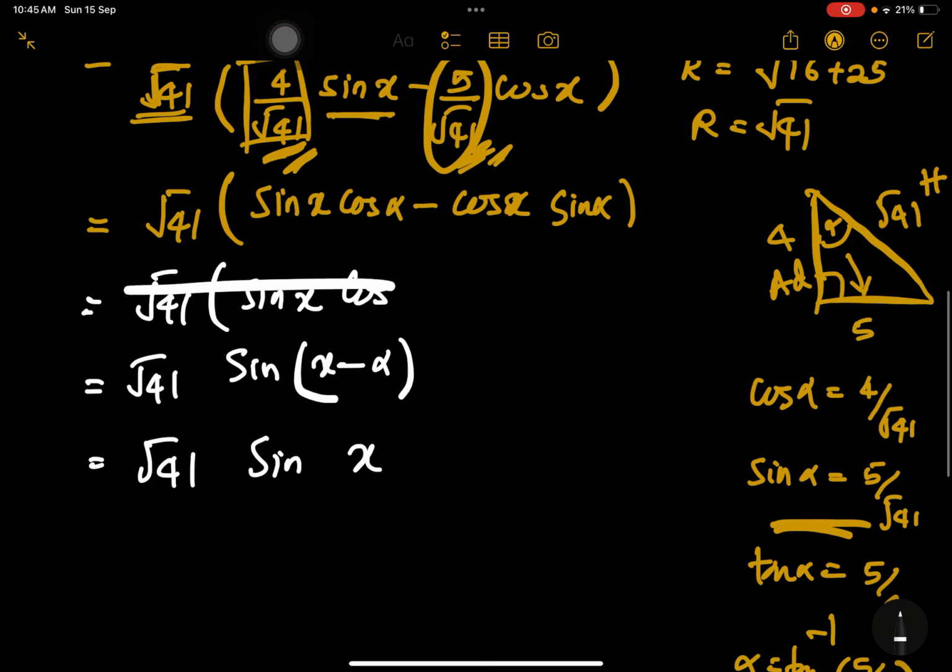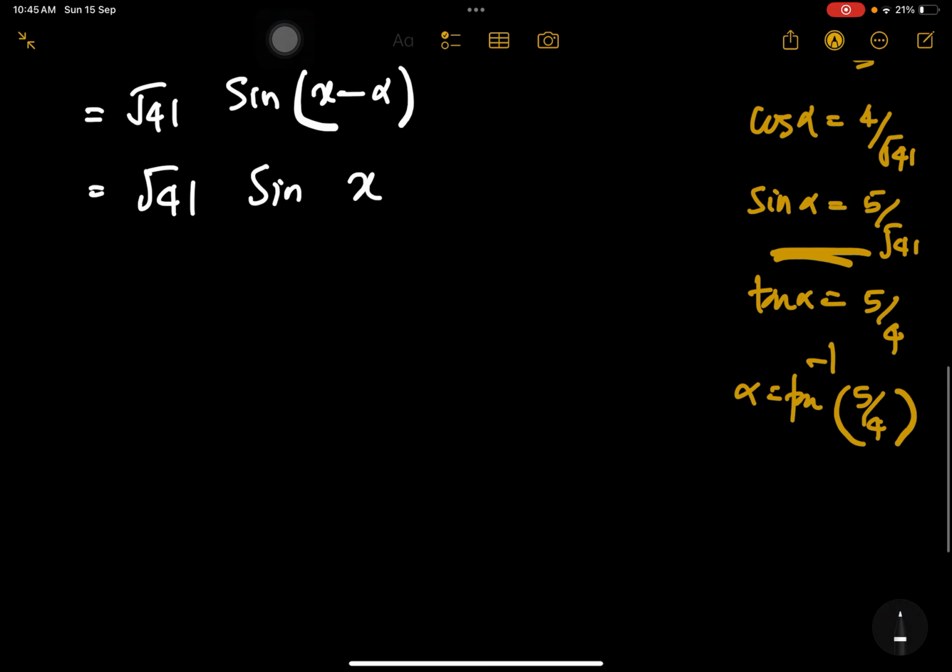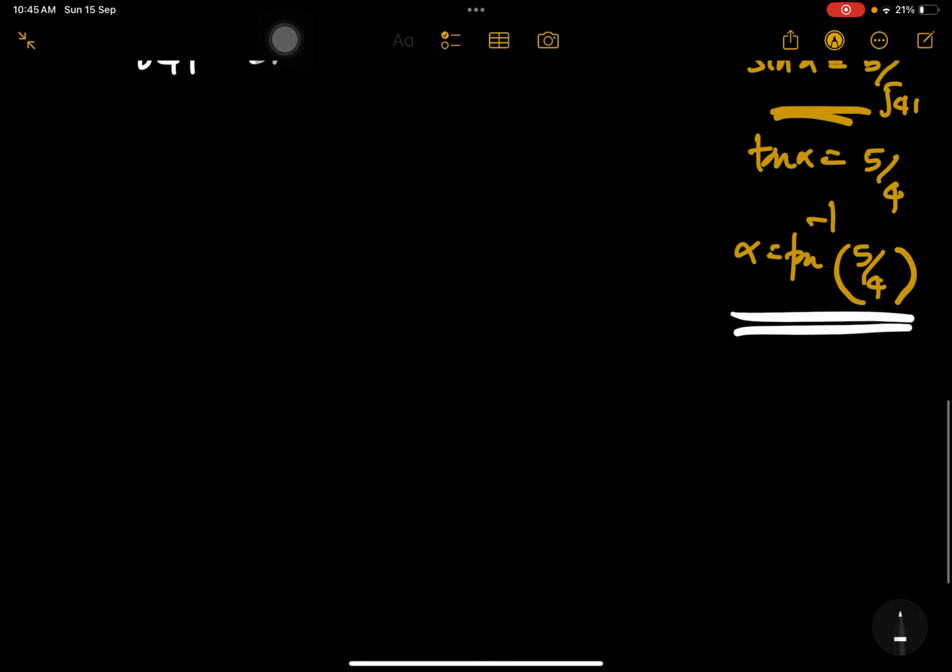If you calculate alpha, it is tan inverse of 5 over 4. If you check on a scientific calculator, it will give you an answer of alpha equal to 51.34.